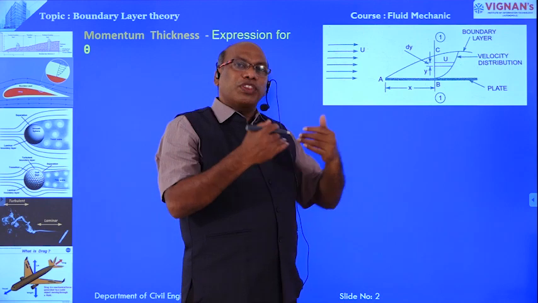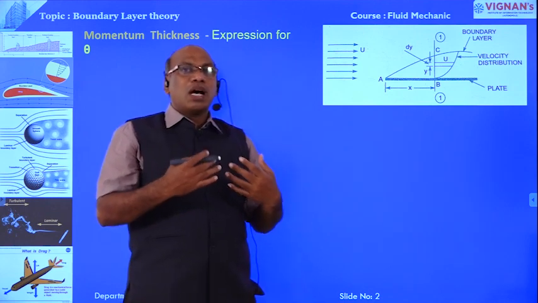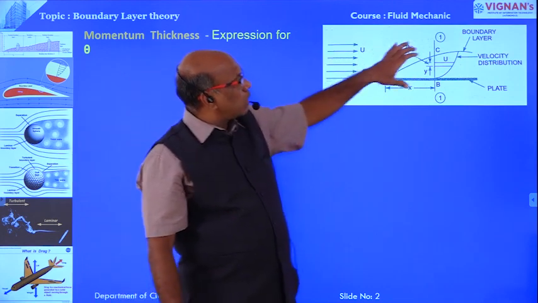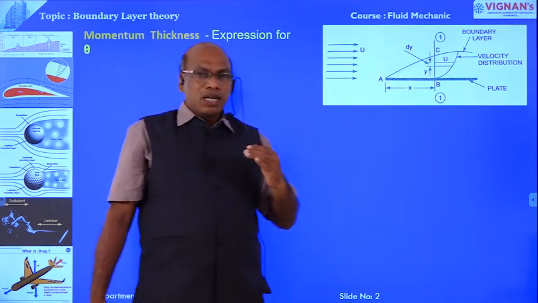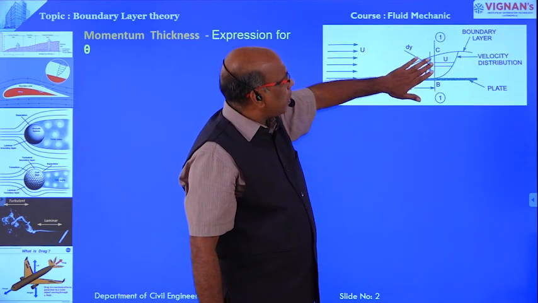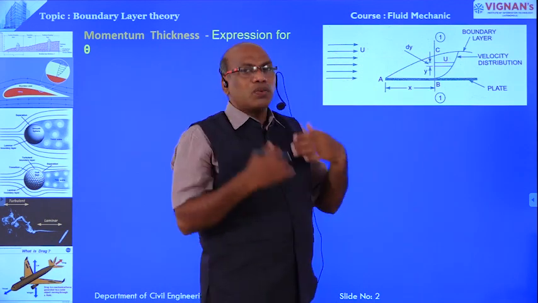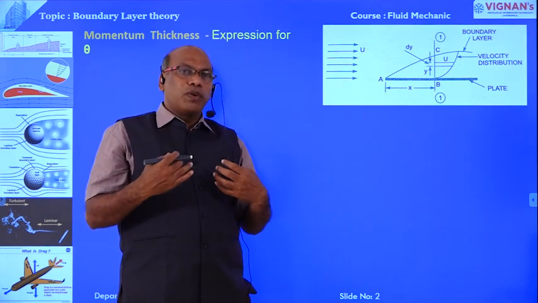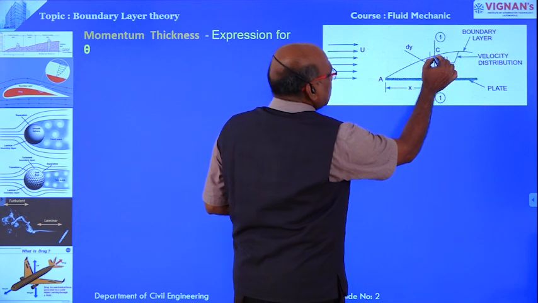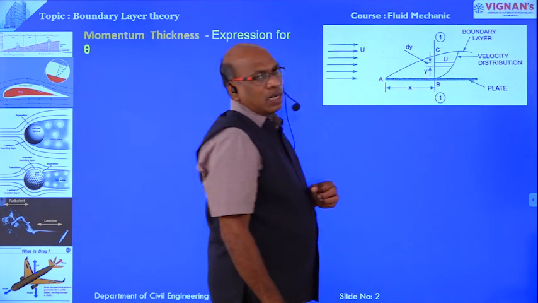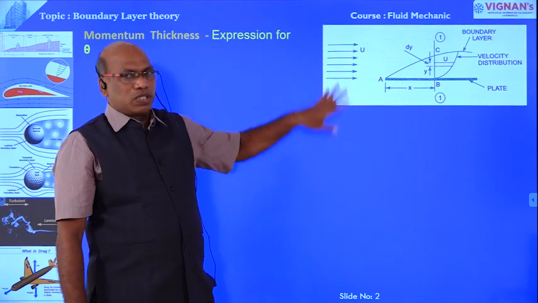Therefore, the difference between these two is the loss of momentum through the boundary layer. Once this is determined over the strip, we determine the loss of momentum over the entire thickness BC, that is delta. That is the first point.